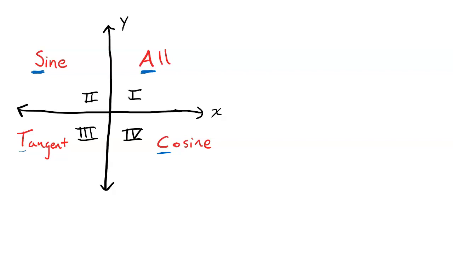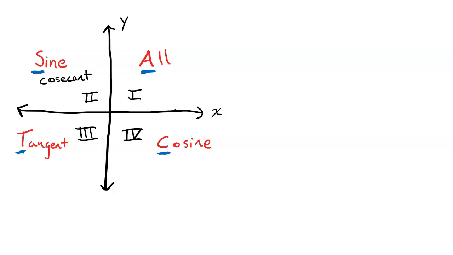Sine, this is just going to be sine, but it's also going to be cosecant, because remember that cosecant is just the inverse of sine. And that goes on for tangent and cosine for quadrants 3 and 4.